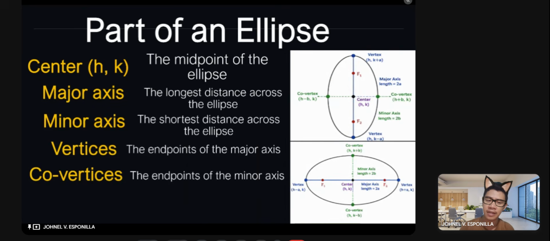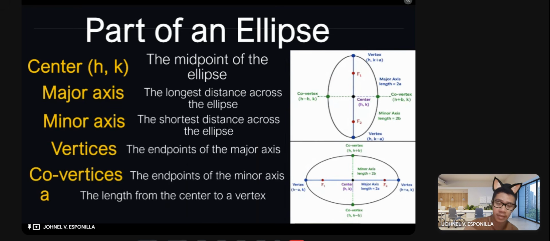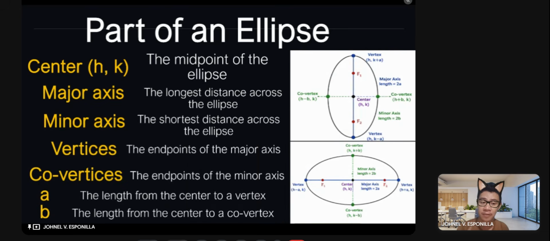So ano yung A, ano yung B? Si A is the length or distance from the center to a vertex. So mula sa gitna, papuntang vertex, that is the value of A. So from vertex to another vertex, that is 2A or the major axis. And we have B naman, which is the length from the center to a co-vertex.